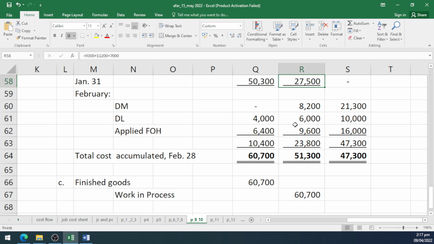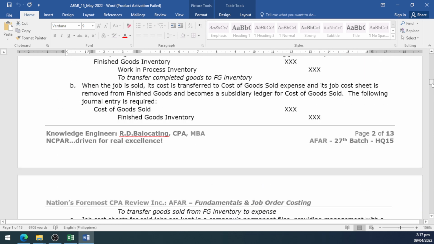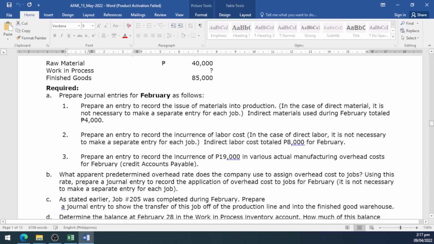Yan po ang ating analysis ng work in process, analyze into which jobs, and then the job cost analyzed into materials, labor, and factory overhead. Look at this, ano? Kasi karaniwan sa job costing, yan ang tanong eh.